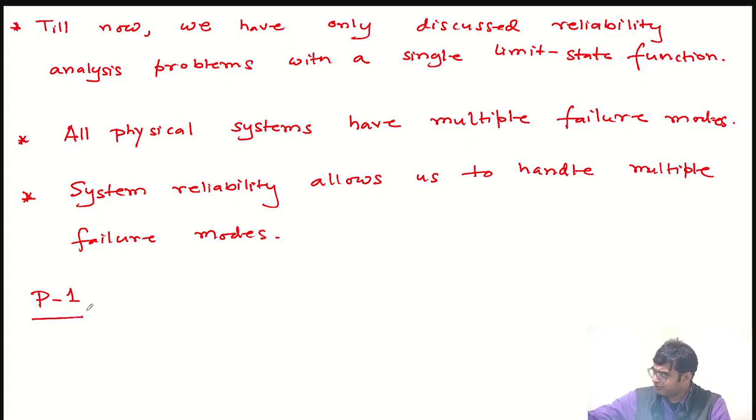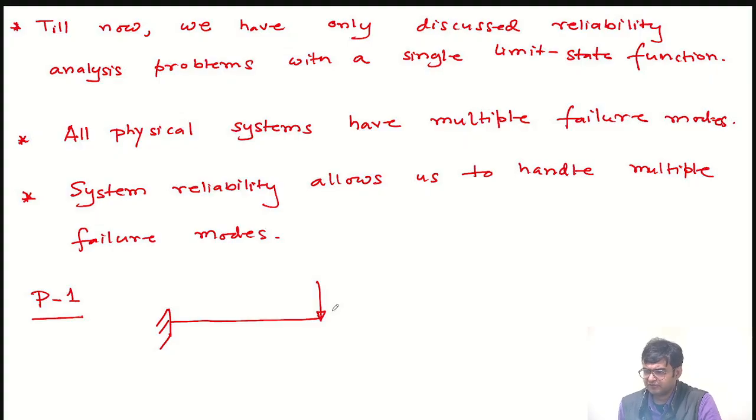This is a problem that we have solved earlier. Let's say I have a cantilever beam subjected to some point load. You can also assume there is some axial load, but let's not go there right now. A simple problem, undergraduate level I will say.